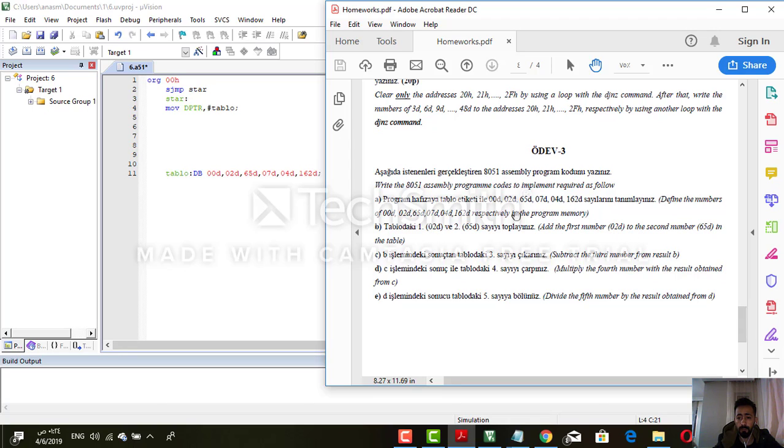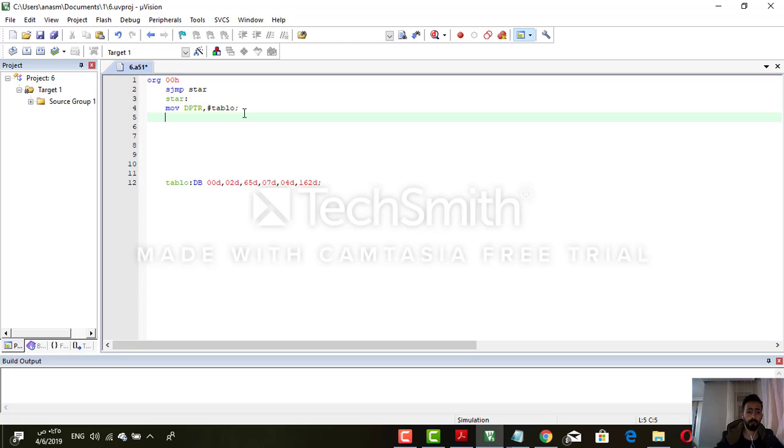And the second, we have to add the first number to the second number. Okay. First, we have to decide which is the first number. How can we select it? We can use a move to any register, because we will use the accumulator again. Move to accumulator the value of 1, okay.